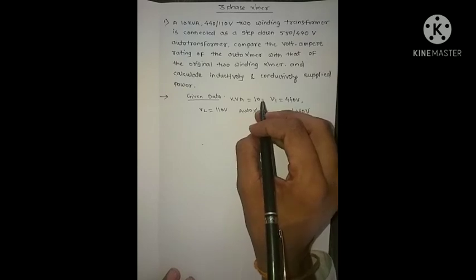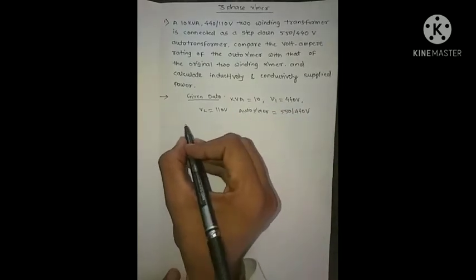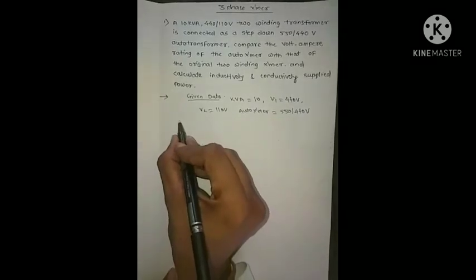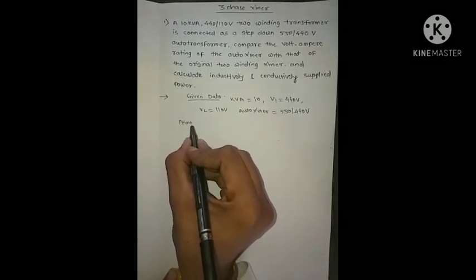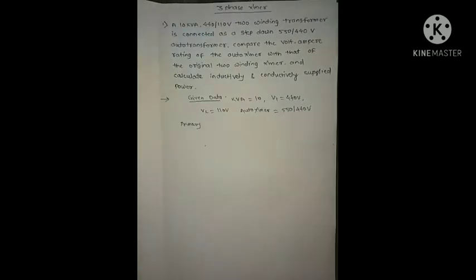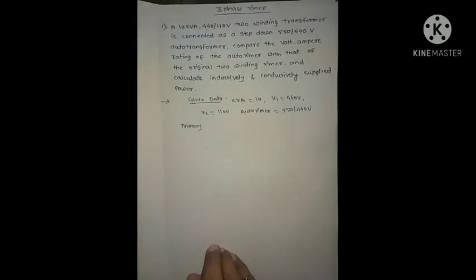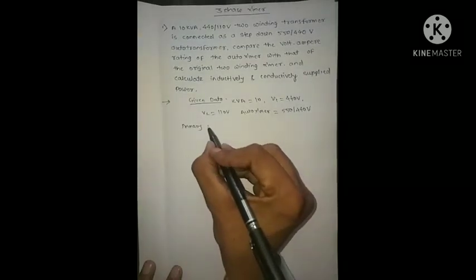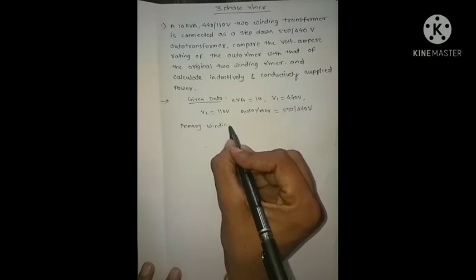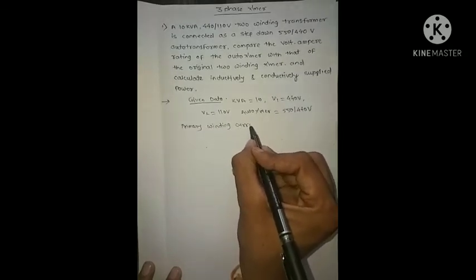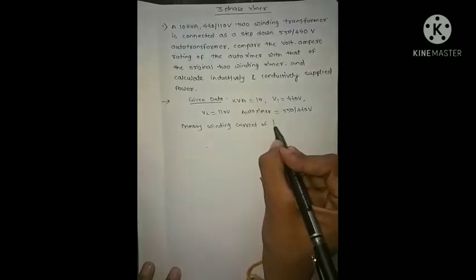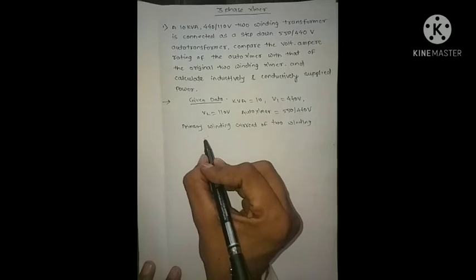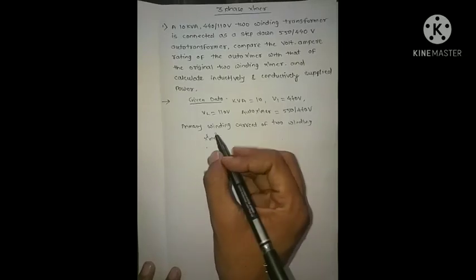So first of all we have to find out the primary winding current of two winding transformer.